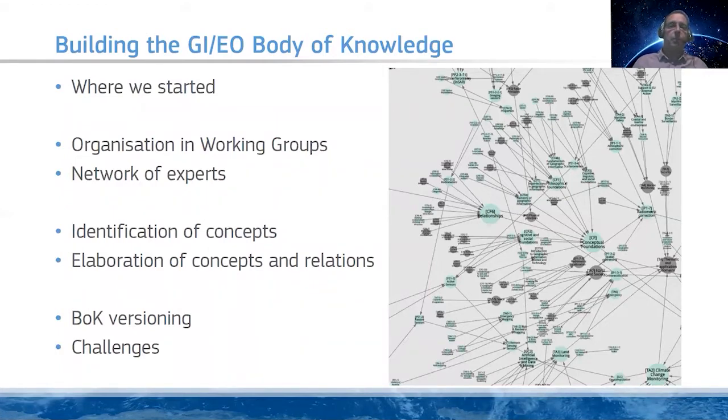In the development of the body of knowledge, the first step is the identification of the concepts, and then we started elaborating them and creating relations between the different concepts. I will also shortly explain something about the versioning system that we developed for the body of knowledge, and I will explain and show some of the challenges that we meet in building our GI and EO body of knowledge.